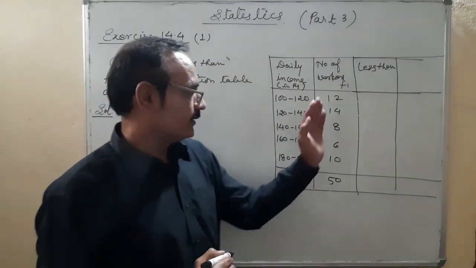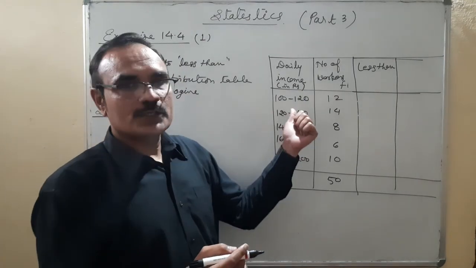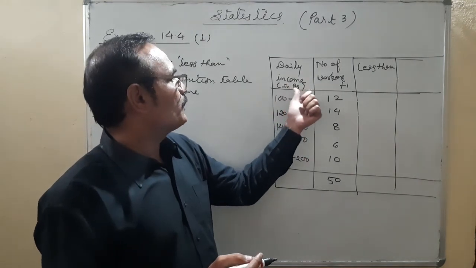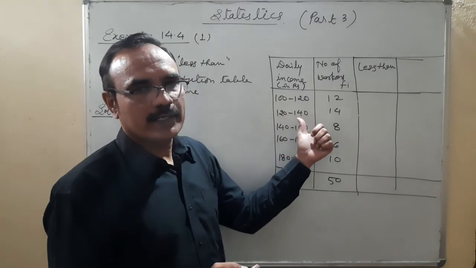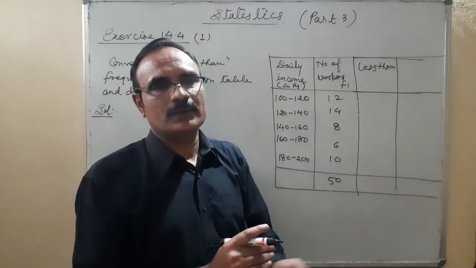Understand this, it is a logical thing. Daily income in rupees 100 to 120, 120 to 140, and so on. Now I am writing a column, less than.